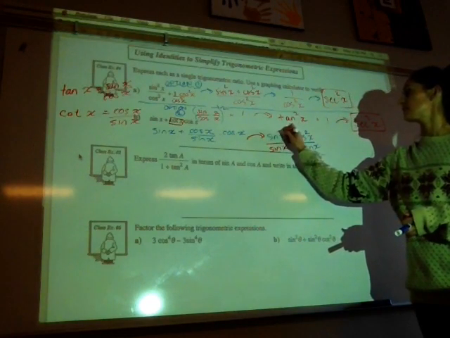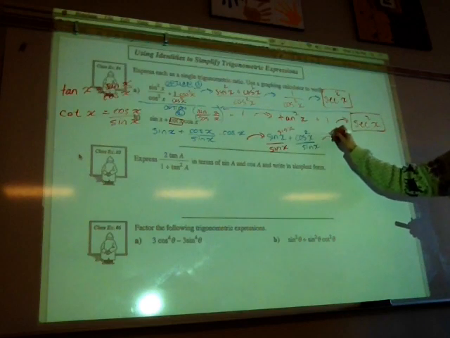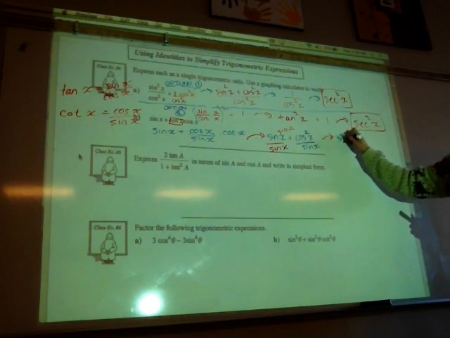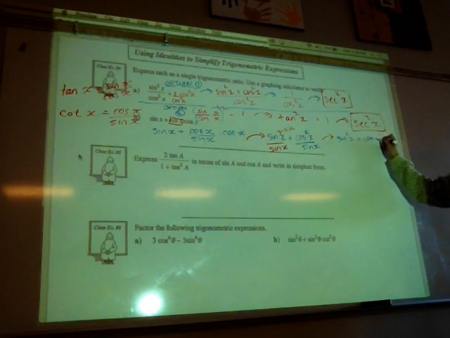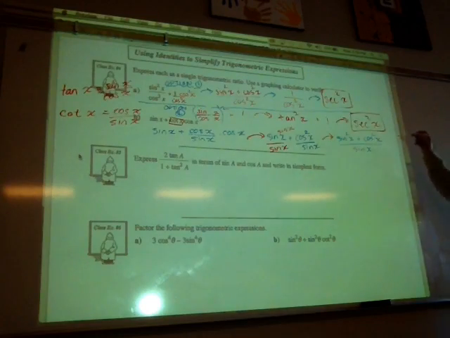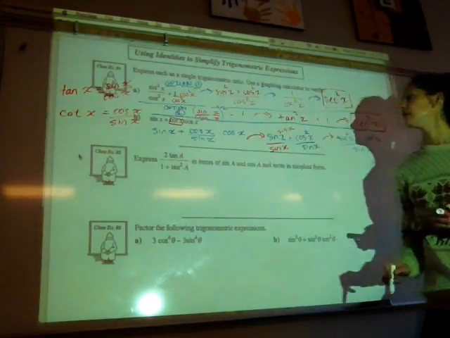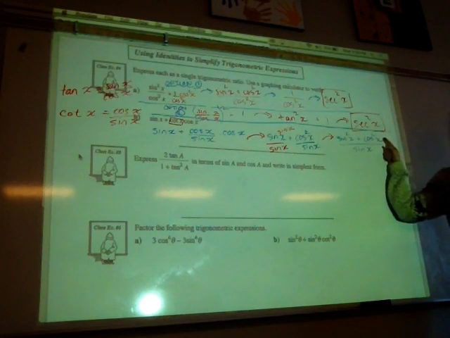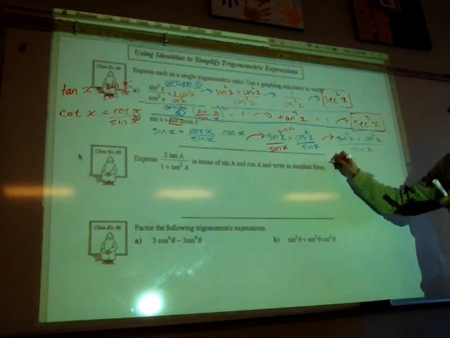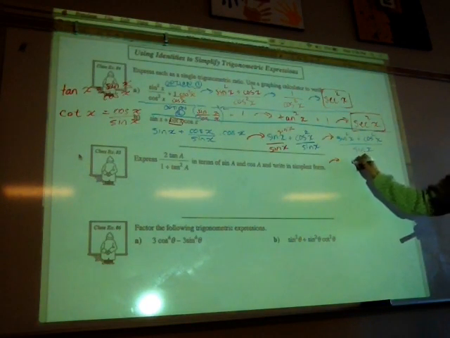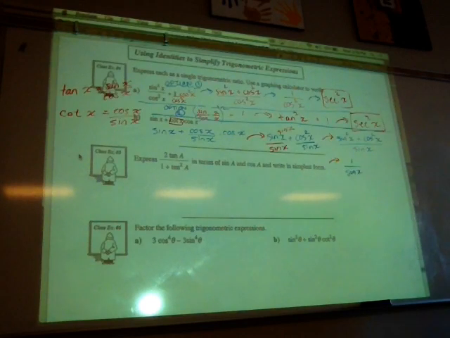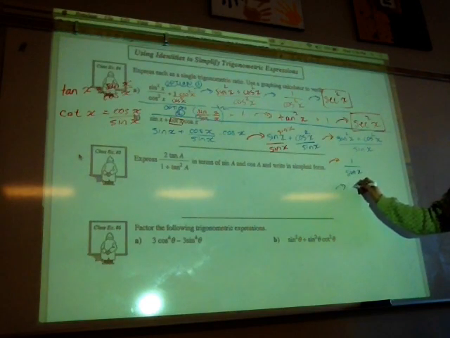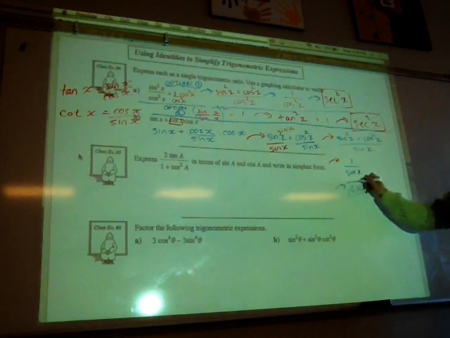Sine x times sine x, and we get sine x squared plus cosine x squared in the numerator all over sine x in the denominator. Sine x squared plus cosine x squared, that's the Pythagorean identity. It equals 1. And we have 1 over sine x. And the reciprocal of sine is cosecant x. And we're done.